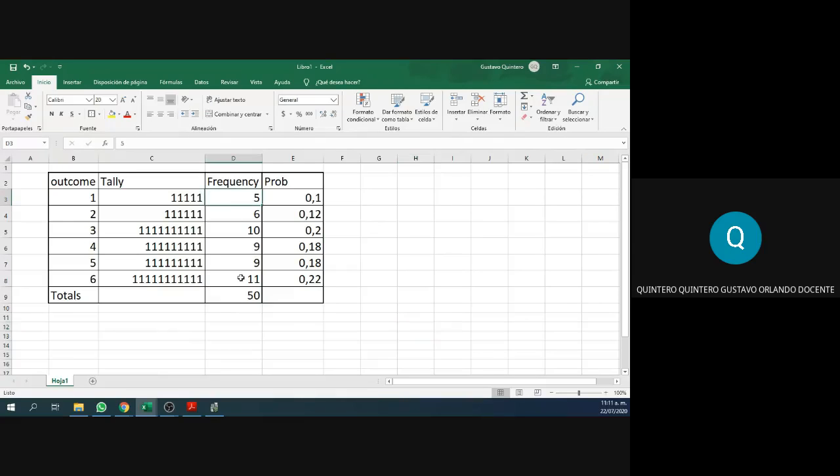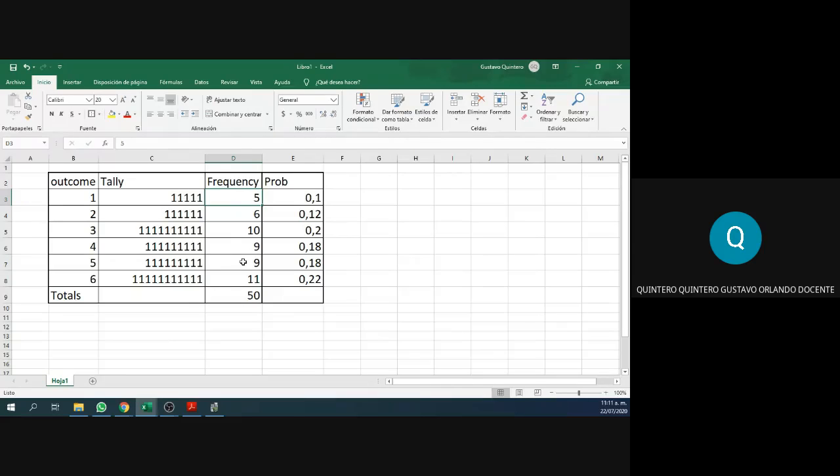Now, after you're done counting, you're going to find the probabilities. How do you find the probabilities? Well, you do the division: success over total. Let's say we find the probability of getting a 1. In my experiment, I get 5 successes, because that is the number of times I get a 1.